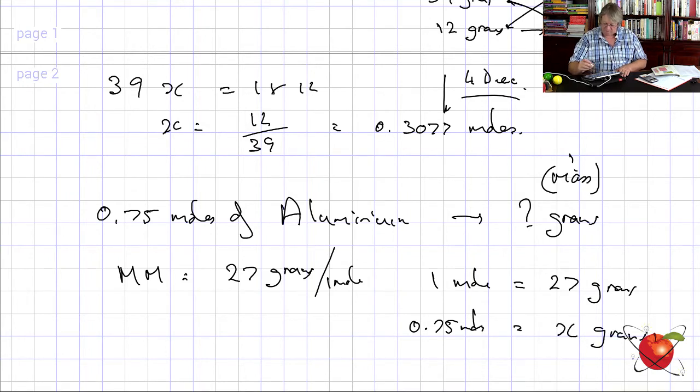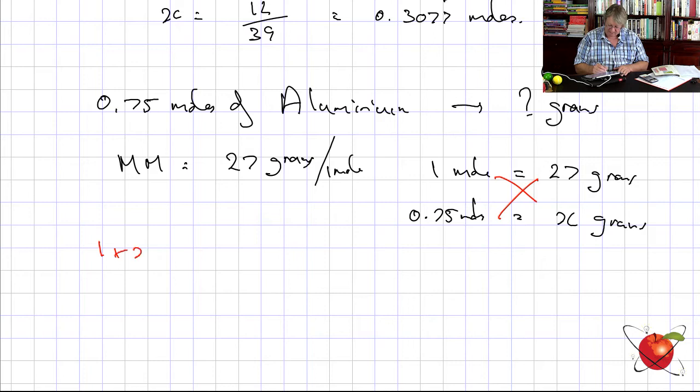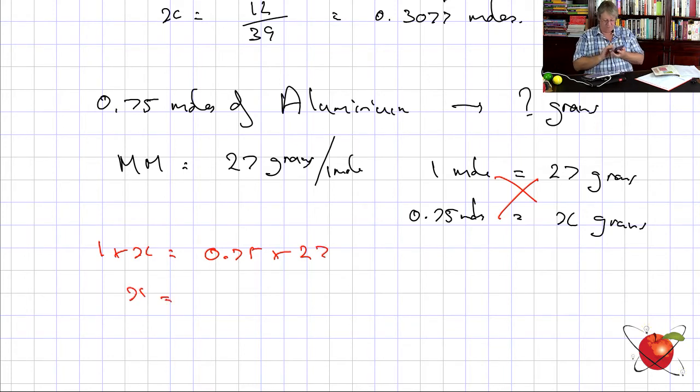We first of all take this up so that we can put space. Then we cross multiply. We say 1 times X equals 0.75 times 27. Therefore, X is going to be equal to 0.75 times 27, which is 81 over 4, which is 20.25 grams of Al.